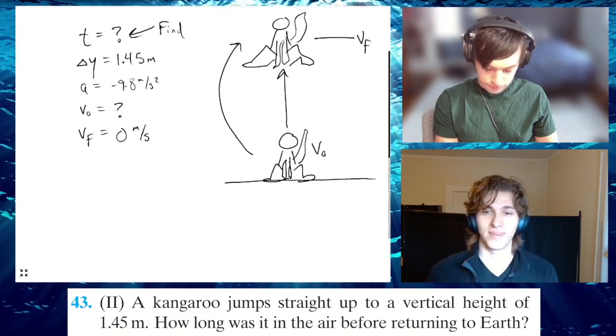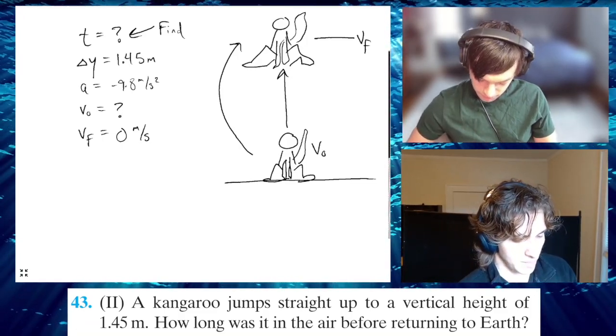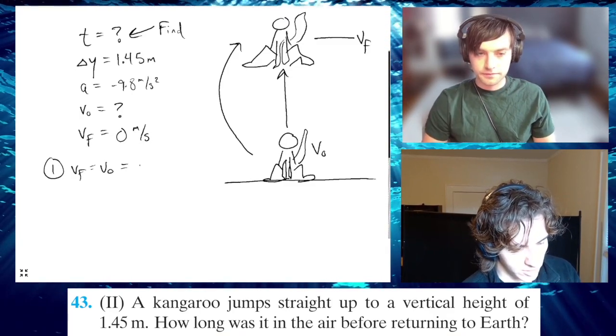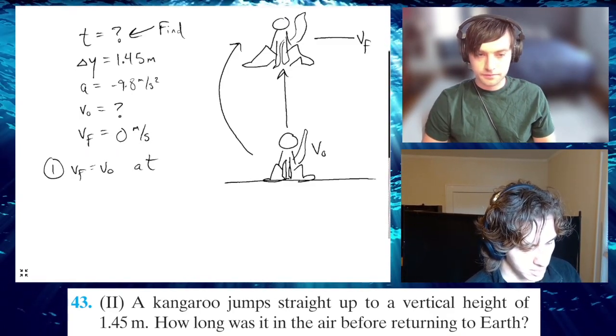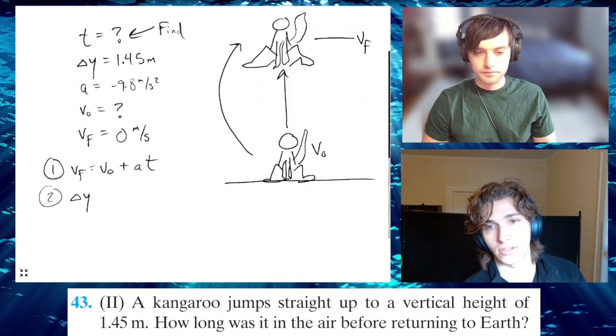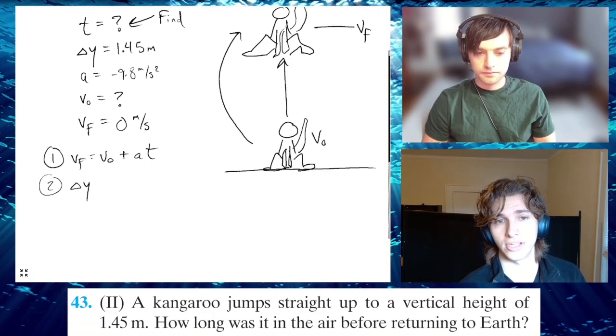Yes, exactly. Perfect. Let me write down the kinematic equations. V final equals V initial plus AT. Delta y, I'll put delta y here since we're dealing with the vertical direction. Those are always interchangeable.